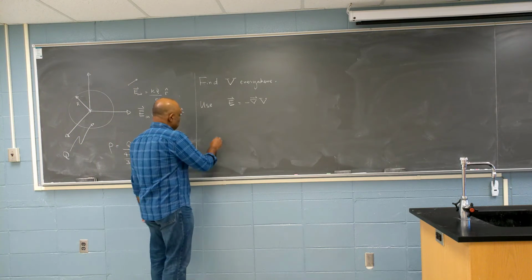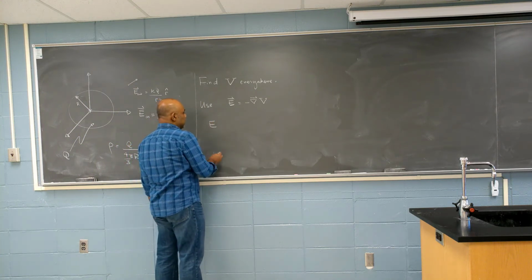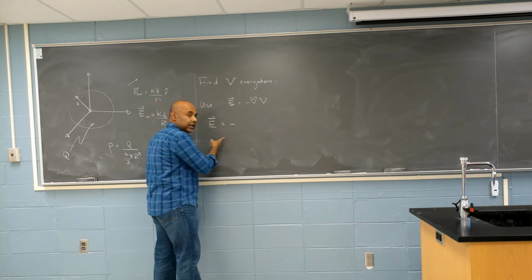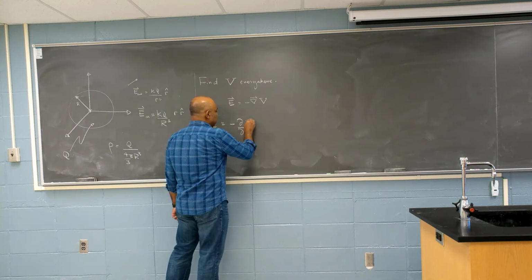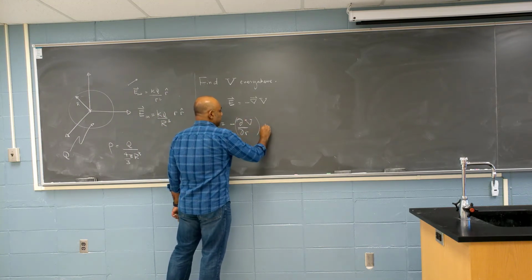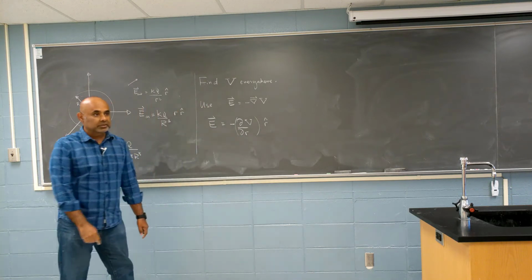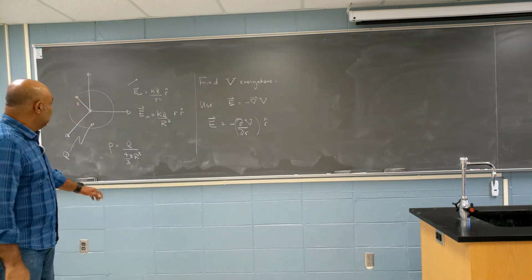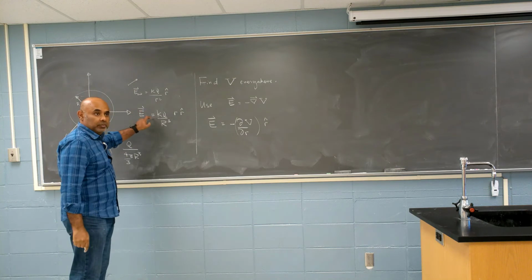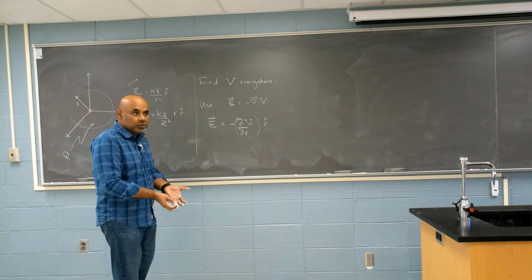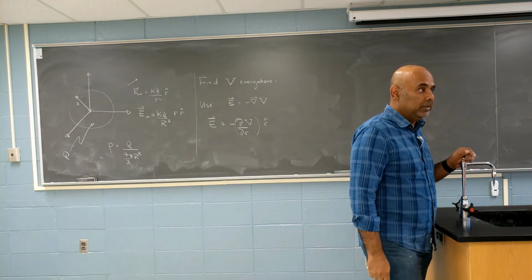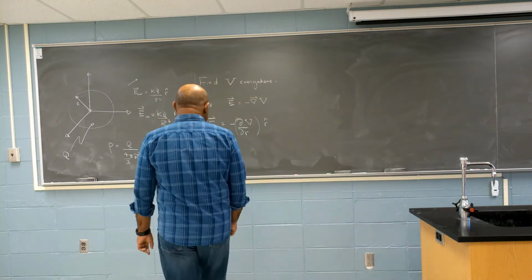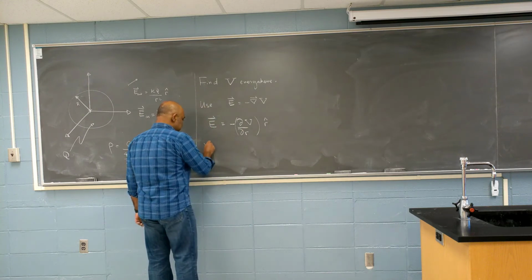It is just partial with respect to R. So this is, don't forget in our case, a negative dr V in the R hat direction. It's uniformly distributed. There's no angular dependence, just spherical symmetry. Theta and phi won't show up.